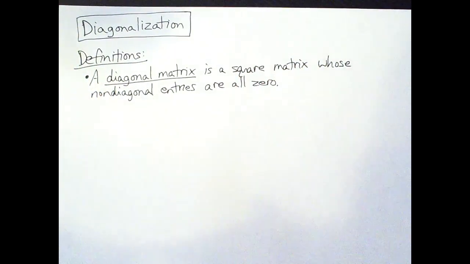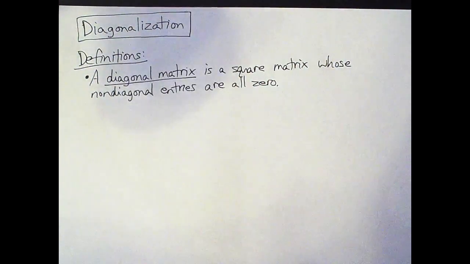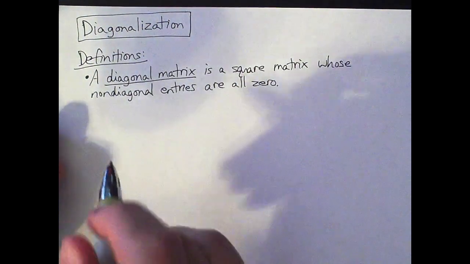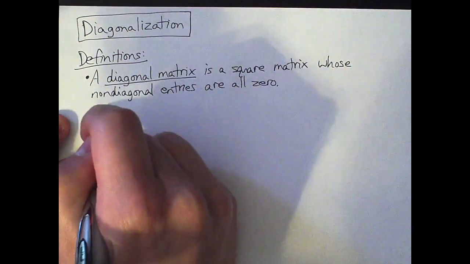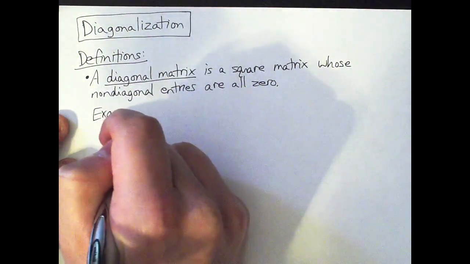So I think we've talked about diagonal entries before. We mean the main diagonal. So first, let me show you some examples.